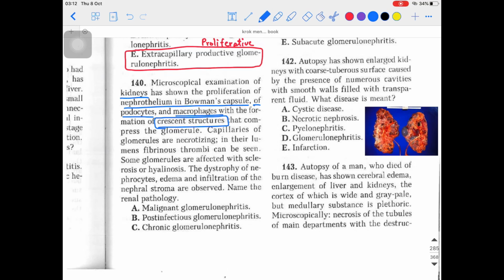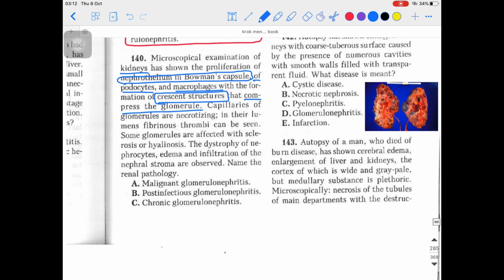They are talking about the nephrothelium in the Bowman's capsule, which means yes, crescent-shaped cells are accumulating inside the Bowman's capsule, the Bowman space. Capillaries of the glomerulus are necrotizing this time. So a very severe form of crescentic glomerulonephritis is seen over here, and the glomeruli are affected.